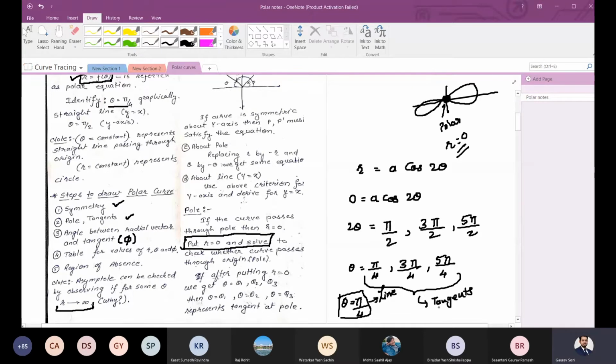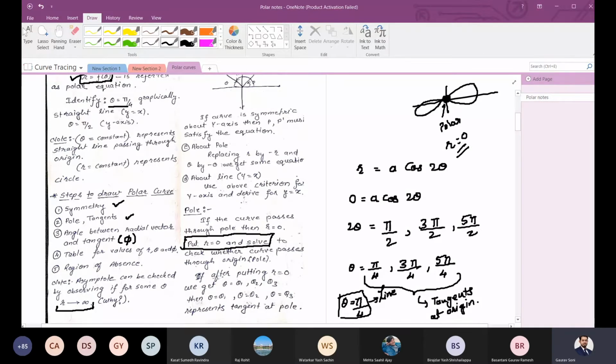Whatever constant values you get are nothing but the tangents at origin. In the polar coordinate system, we don't have to do anything else to find the tangents at origin. Whenever you put r equal to 0 and solve for theta, you will simultaneously get the tangents at origin. That is what I have mentioned here.